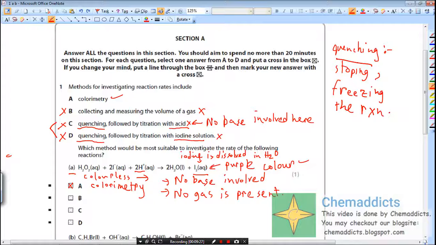Instead of acid or iodine solution, if we use sodium thiosulfate, then we can consider this method.